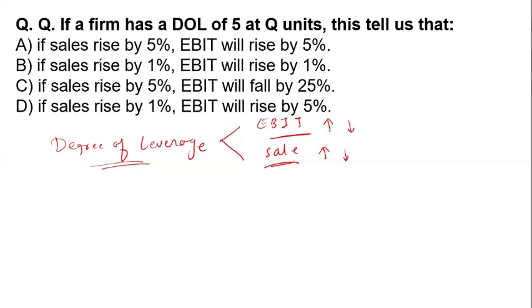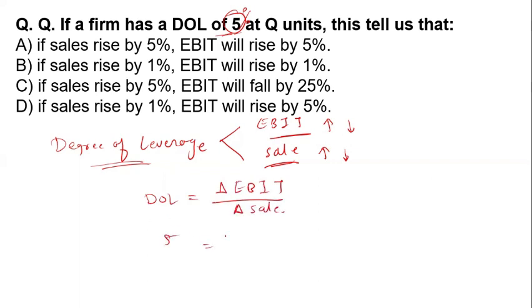So here you can see that it is 5%. The DOL, the degree of leverage, is equal to the change in EBIT divided by the change in sales.